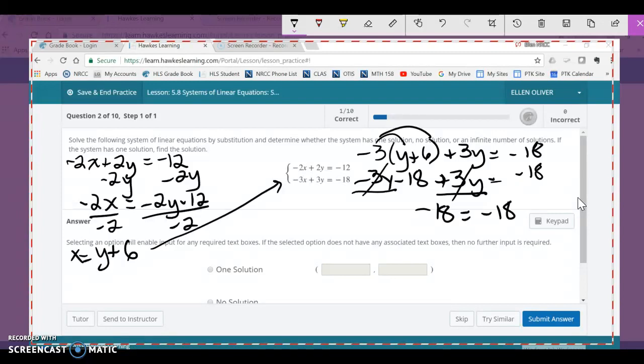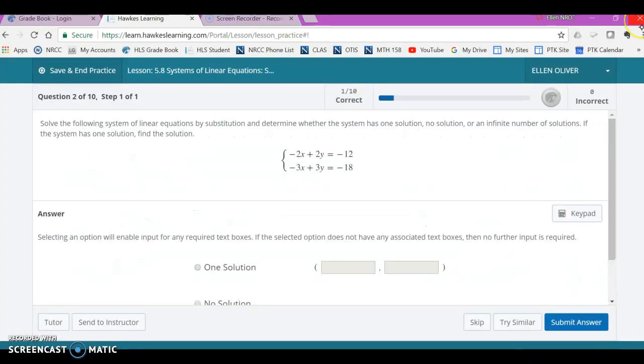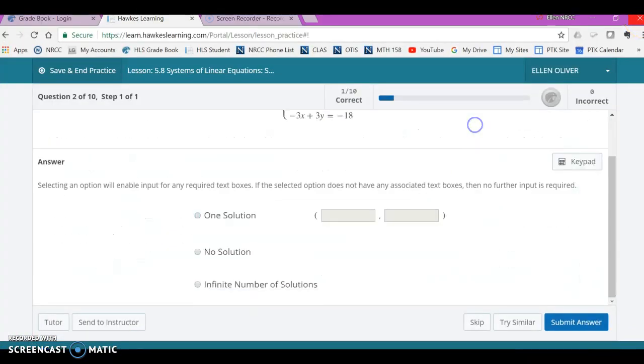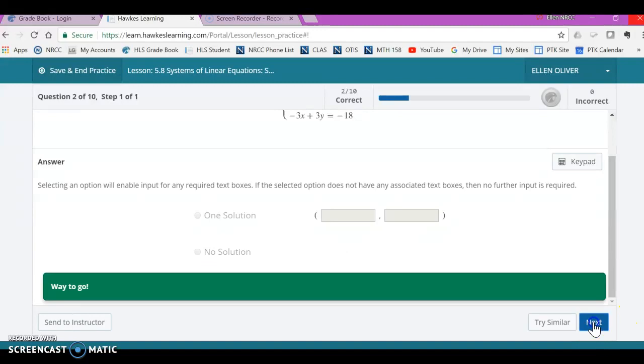So I get a statement that is always true, right? -18 is always -18, no matter what x and y are. So that is a special situation. If you get something that's always true, then that's going to be an infinite number of solutions. If you get something that's always false, then it's no solution.